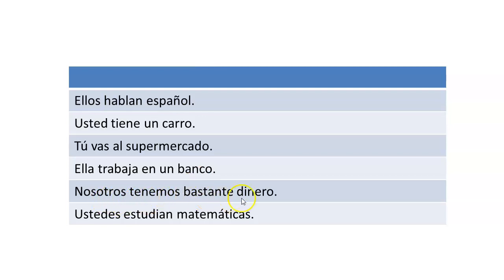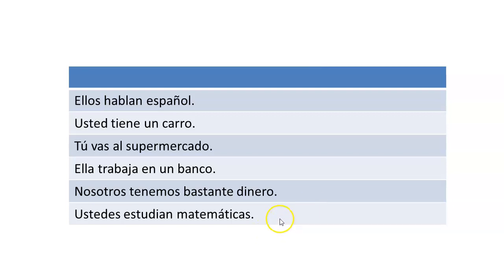Nosotros tenemos bastante dinero. We have enough money. How would you ask a question? Do we have enough money? ¿Tenemos nosotros bastante dinero? In this question, the nosotros is really unnecessary, so more than likely it would be, ¿Tenemos bastante dinero?